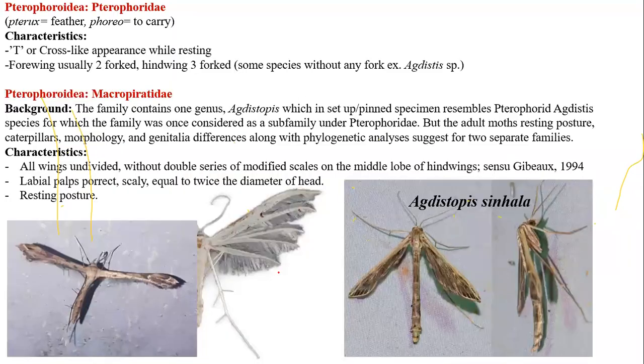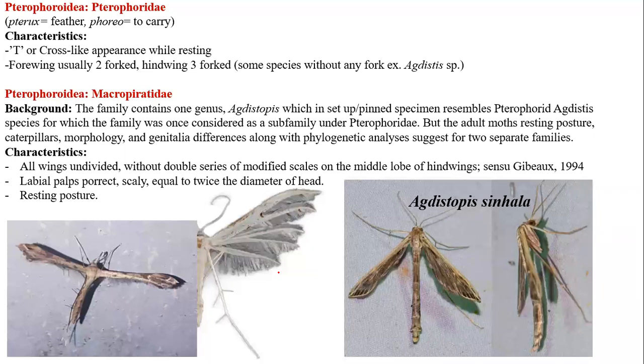Now, these were all for superfamily Gelechioidea. Let's discuss superfamily Pterophoroidea, which consists of two families, family Pterophoridae and family Macropyridae.